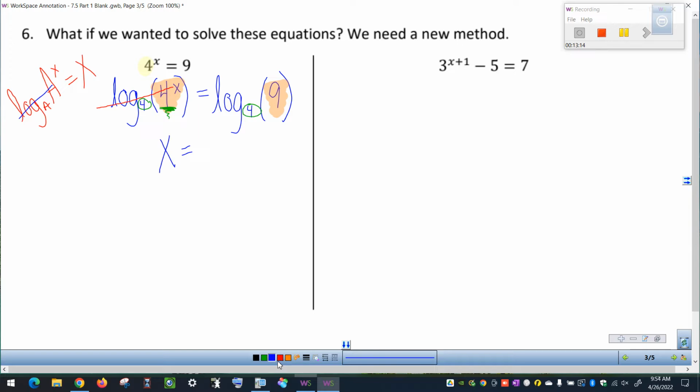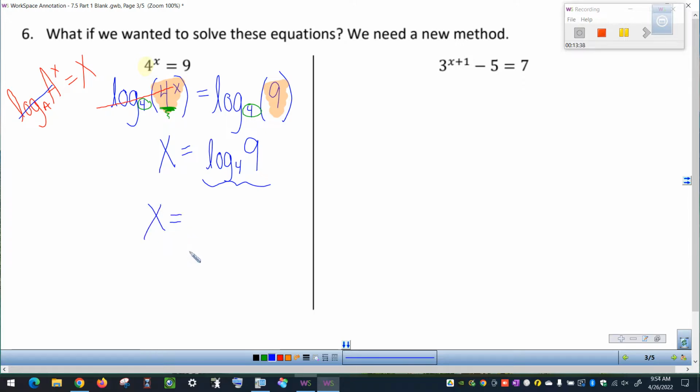Okay, let's talk about what we have left in our equation. On the other side, we still have log base 4 of 9. This is something we can evaluate pretty easily using our calculator. We learned in the last lesson about the change of base formula, so that's one option for how we can get this answer out as a decimal.